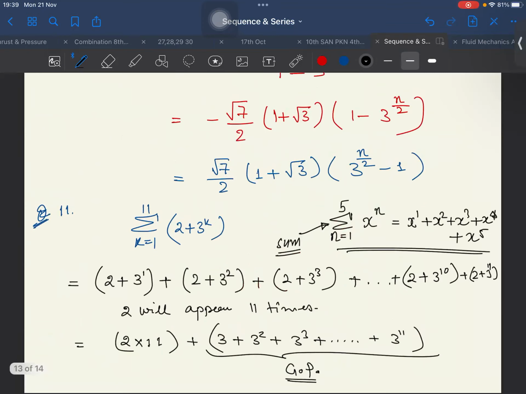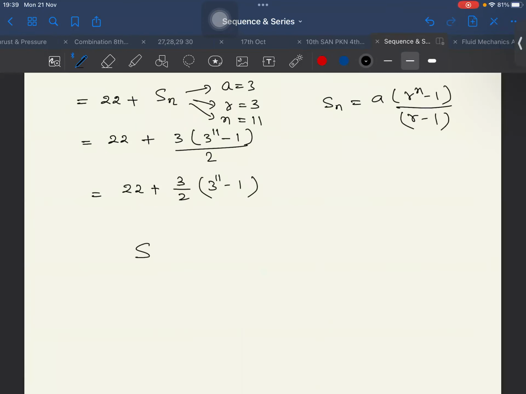See, any GP can also be written as Sn is equal to what? You are just summing up the terms, right? So how can we write the GP? Sn of a GP, how can we write? Anyone? Don't know?